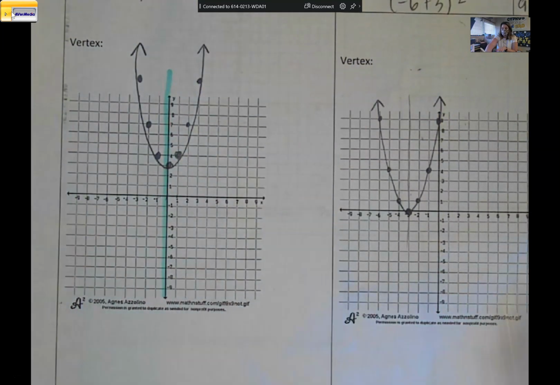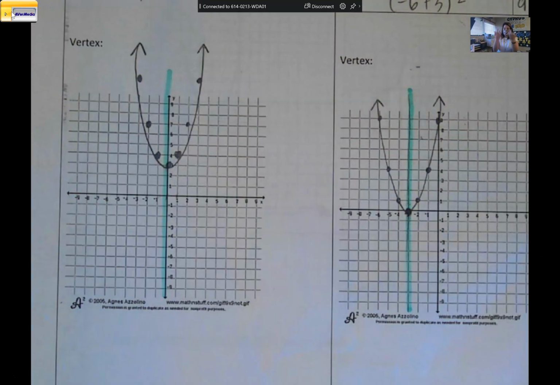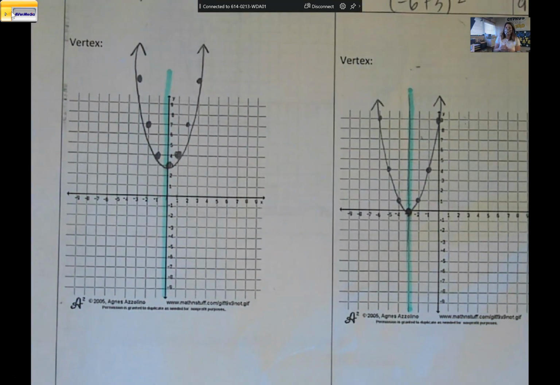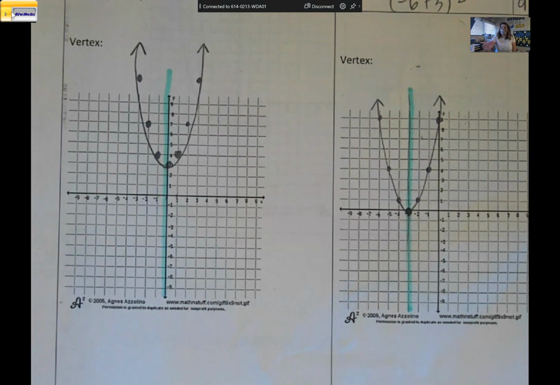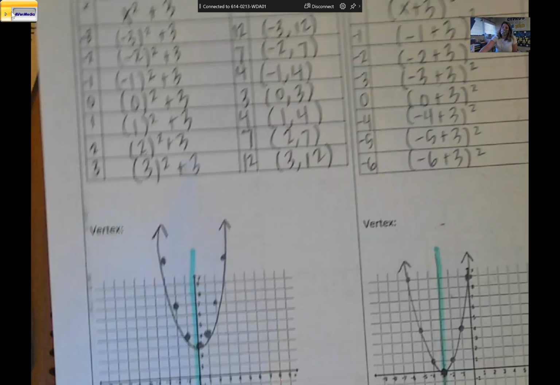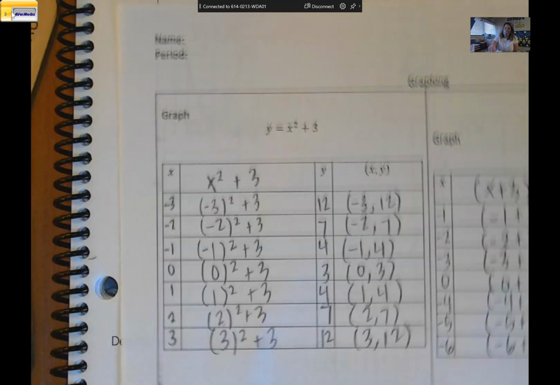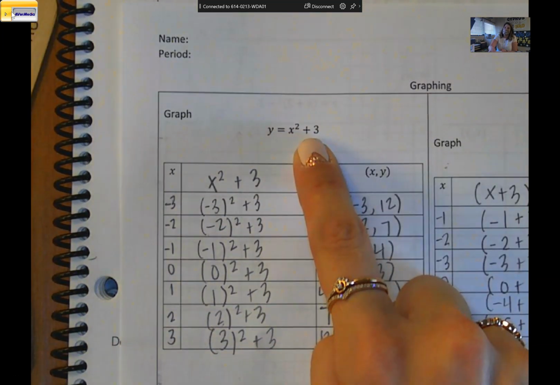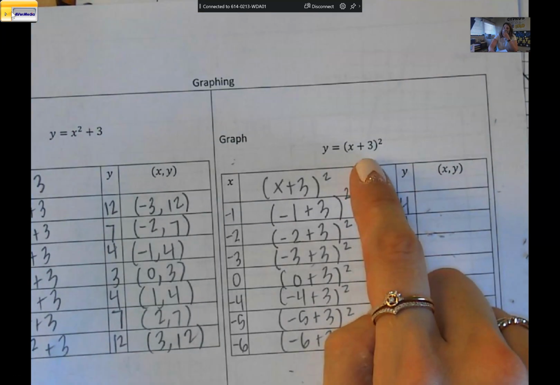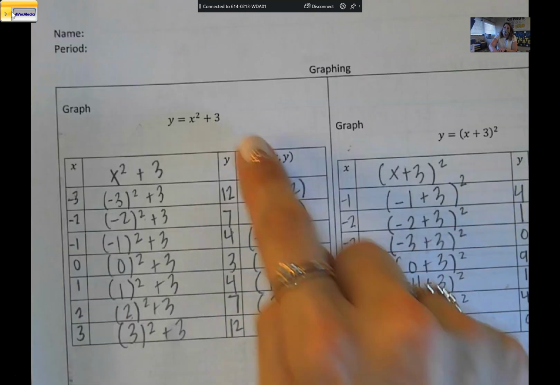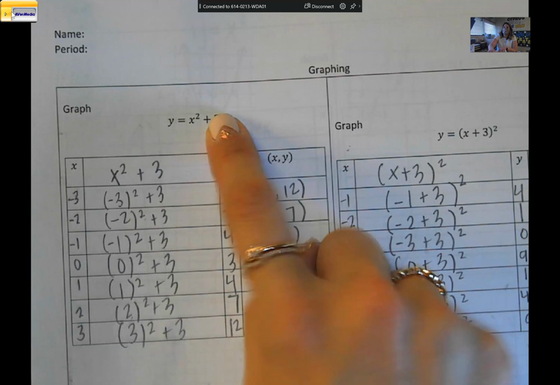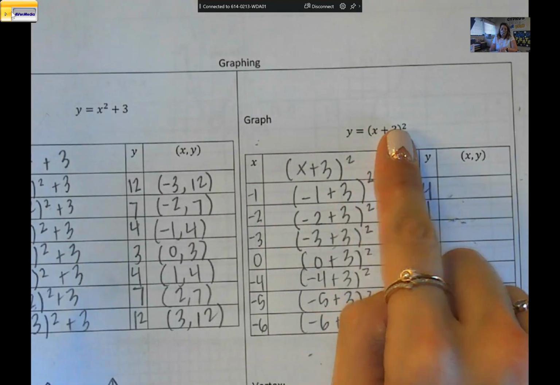The only difference is now if I draw that line through the vertex where you can fold it and he matches up exactly, it's just in a different spot. So last time we learned how to evaluate functions. This time we're relating that to how we can figure out what happens to a graph if we add something to it, if it's outside the function or if it's inside with the function.